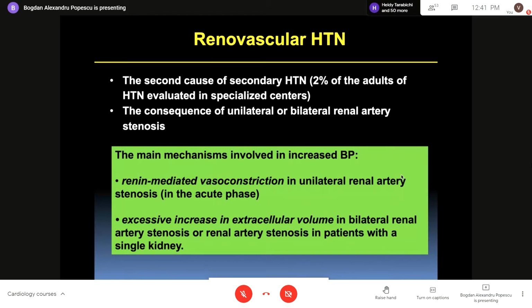That means also no normally irrigated kidney, because it's a single kidney with a stenosis, or both kidneys have a stenosis.